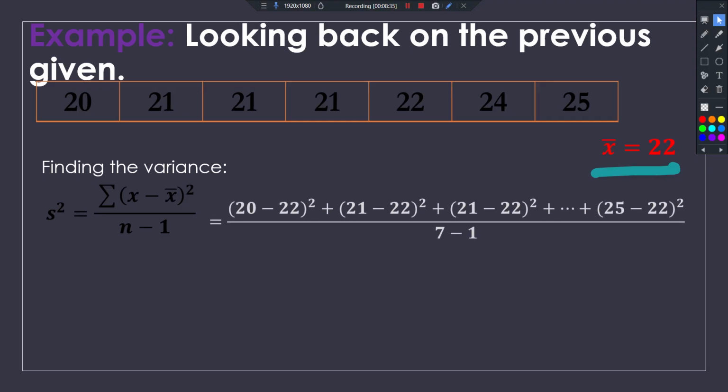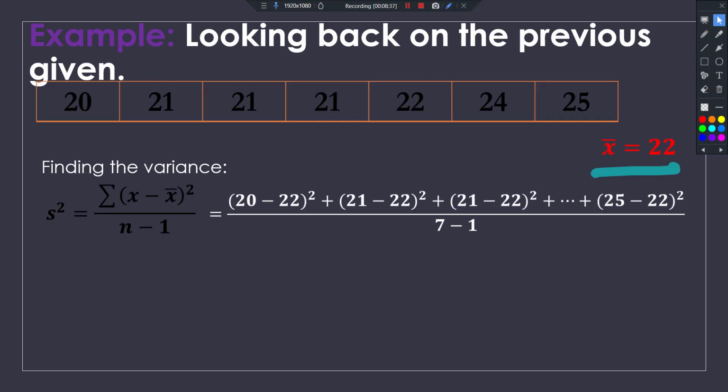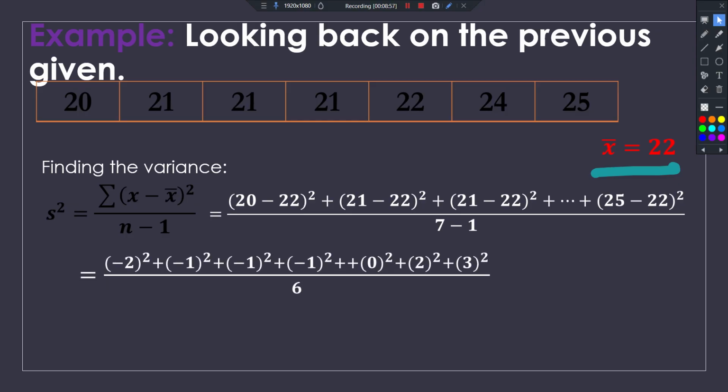And step number 2 is we will list down all the given and also the average, with the idea of squaring it and adding it all. And again, the substitution is already crucial here because of the formula, and there you have 7 numbers. That's why in the denominator we have 7 minus 1. And after subtracting, we got this second step.